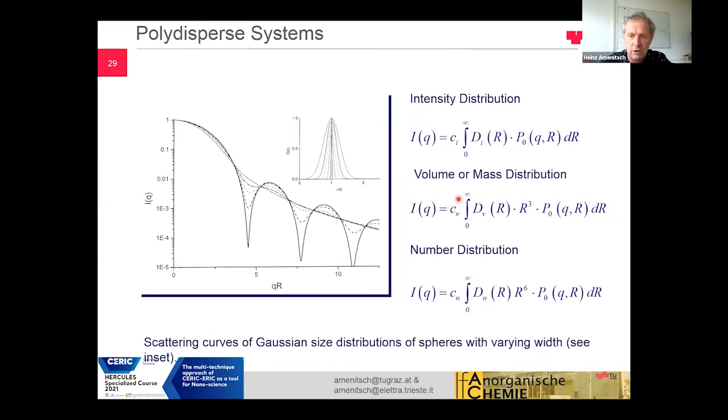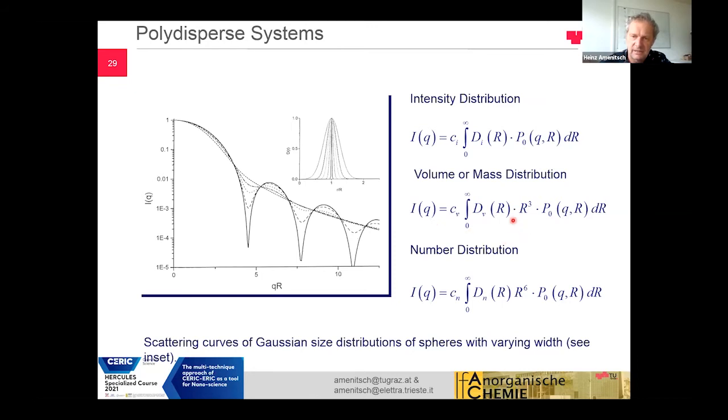If you look at the volume and mass distribution, here you have the volume size distribution, or mass distribution, or concentration distribution, with the concentration of particles of a certain size. Here you have to scale the form factor with the volume to calculate the proper intensity scaling, and then you calculate the intensity.